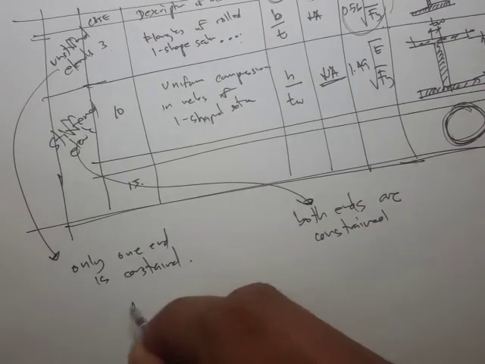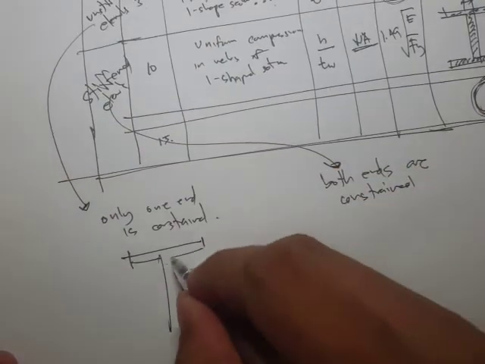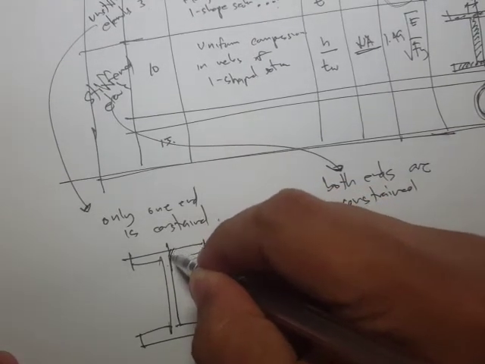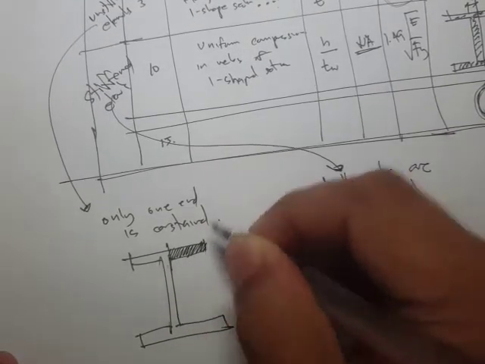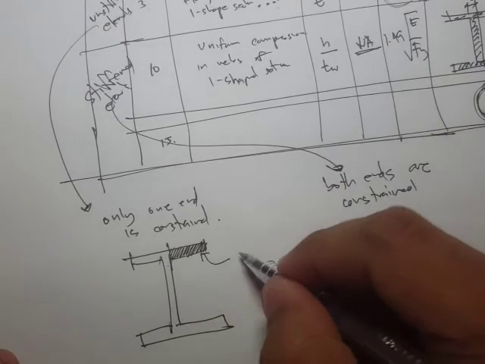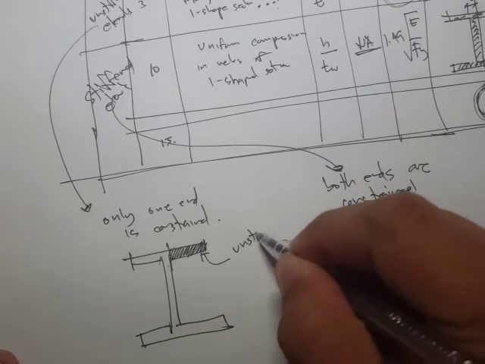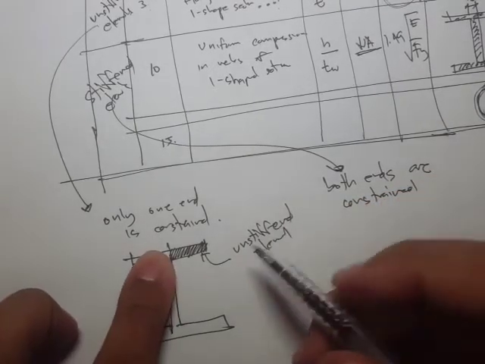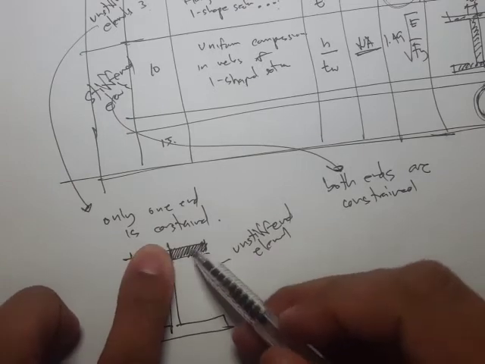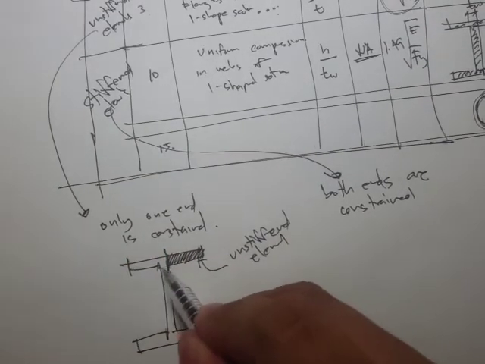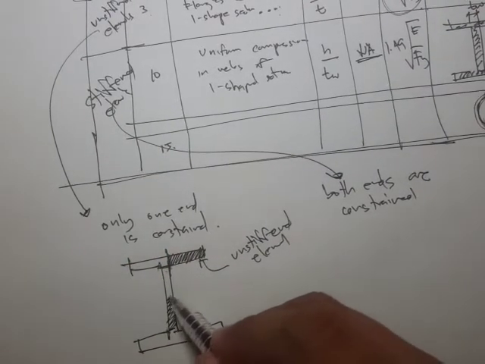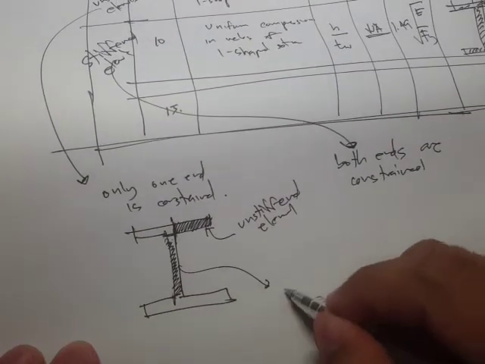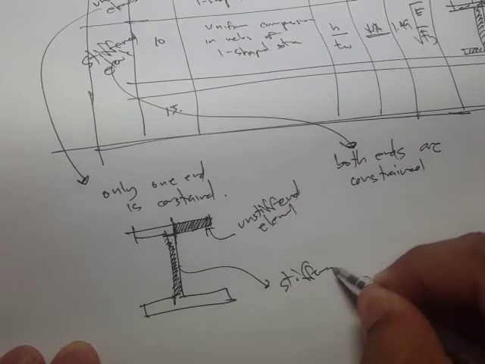For example, in this I-shaped section, this element right here is an example of an unstiffened element, because only this portion is constrained. But this web right here is an example of a stiffened element.